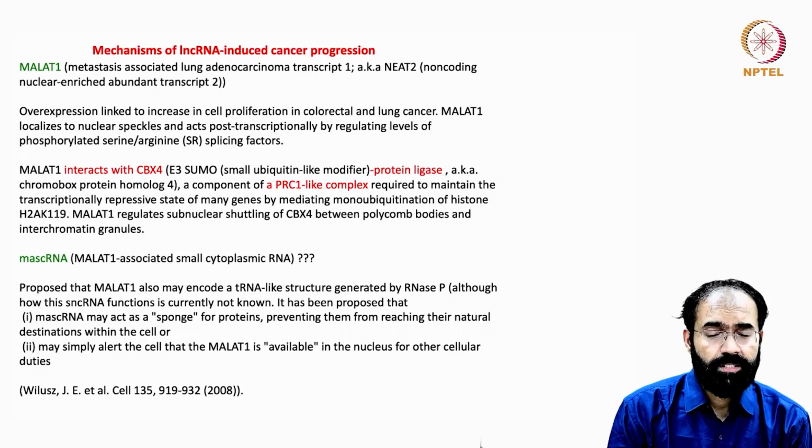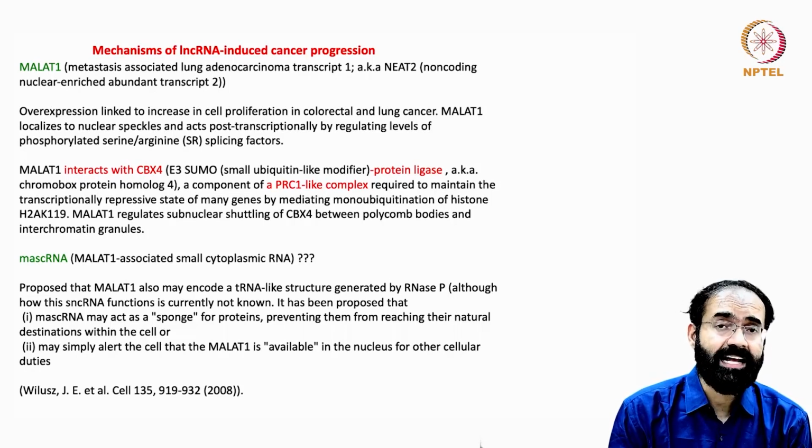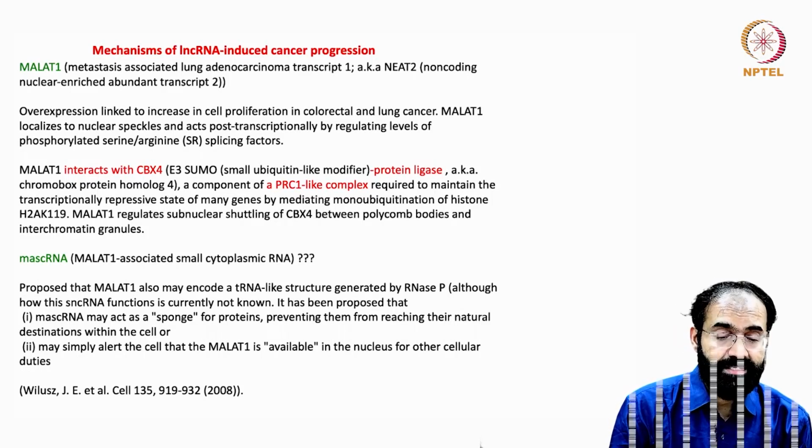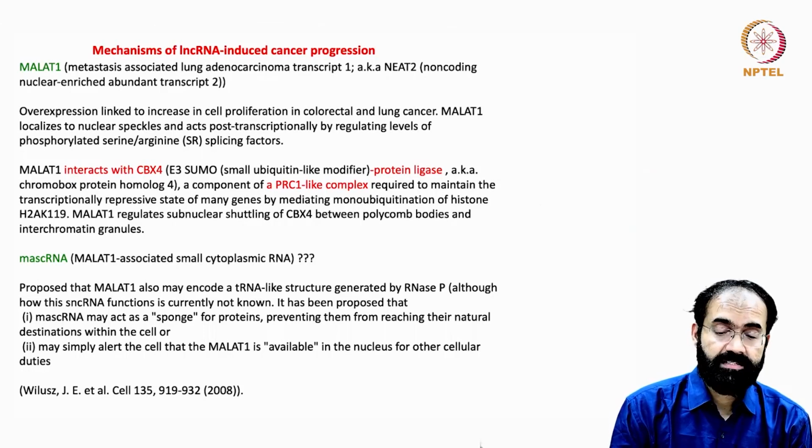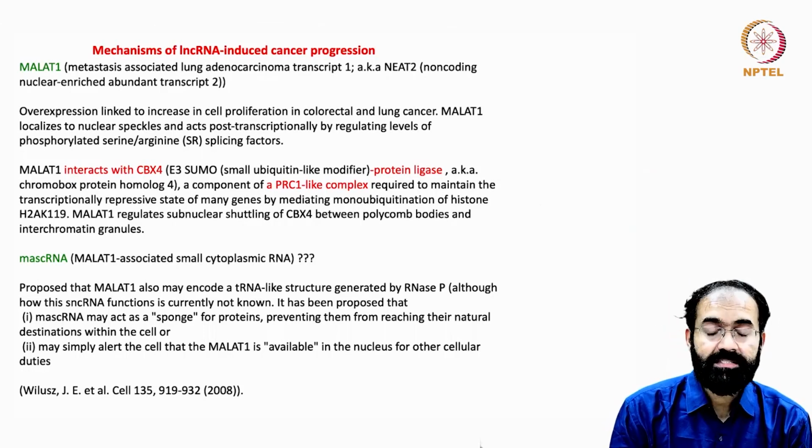Although how this small non-coding RNA functions is not fully understood yet, it is proposed that MASC RNA may act as a sponge for proteins, preventing them from reaching their natural destination, where they are supposed to be present within a cell, or it can also act simply by alerting the cells that MALAT1 is available.